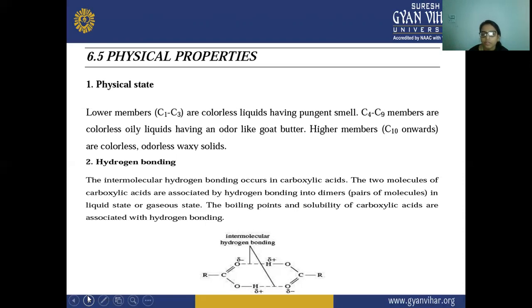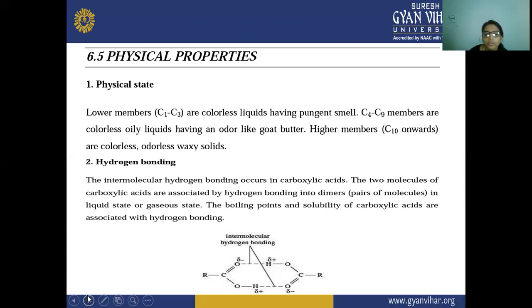But the C4 to C9 members are colorless oily liquids, and they have an odor like goat butter, the odor that is present in goat butter. Similarly, the C4 to C9 members of carboxylic acids have the same odor.